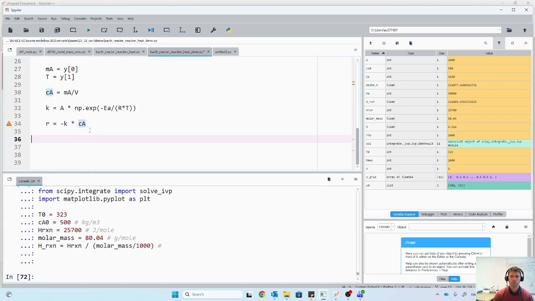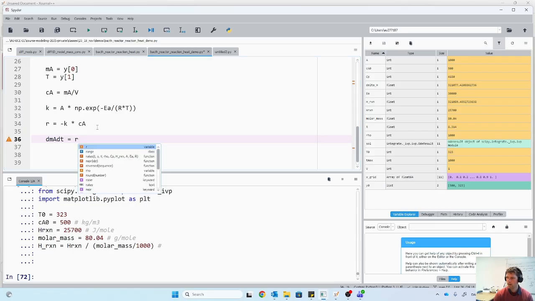Good. So now we have what we need in order to make the derivative of the mass. So that would be dmA/dt, that is equal to r, because we have no flow of mass going into the system or mass going out of the system. It's a batch reactor. We only have the reaction.